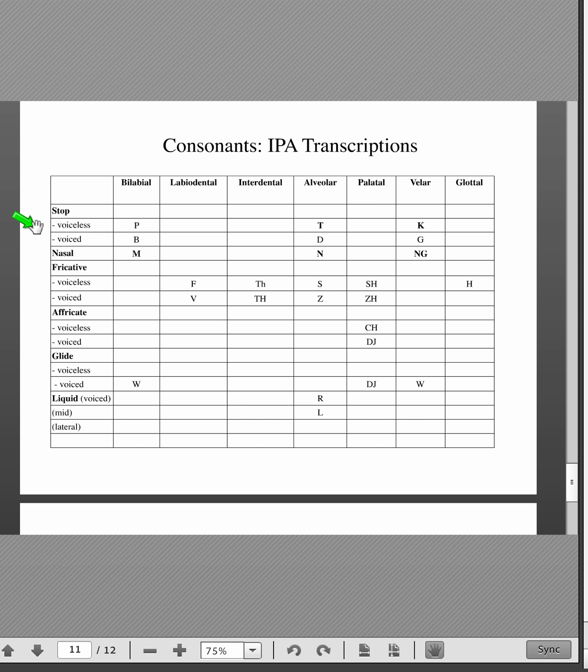So here we have the voiceless sounds, p, t, and k. And then the opposite of those would be the voice sounds, which would be b, d, and g.